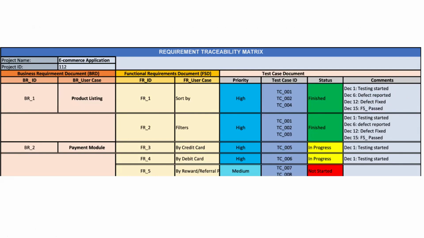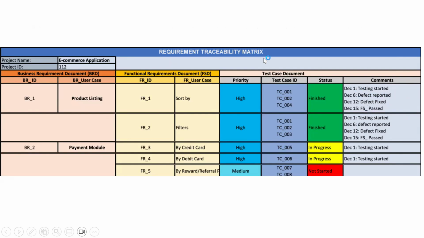It contains all the documents, right? Like your business requirement, your functional requirement. It could be maybe one document or multiple documents in the requirement, right? It contains all the requirements and your test cases which you have maintained and your defects, right? That is called traceability matrix.